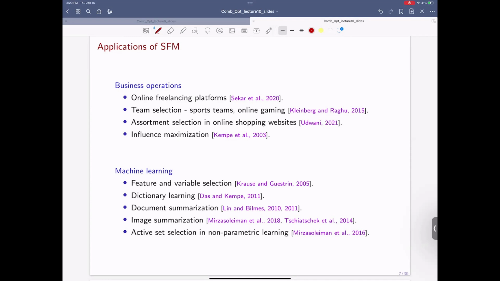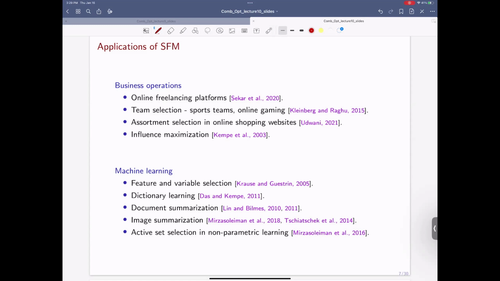So we have a network of people on a social media platform. Then you want to select a few influencers so that, if you invest something in these few influencers, the information spreads at the fastest possible speed. And also, even for machine learning, you want to select a subset of variables, and you have a limit on the number of variables you can choose, but you still want to achieve the highest accuracy given this budget.